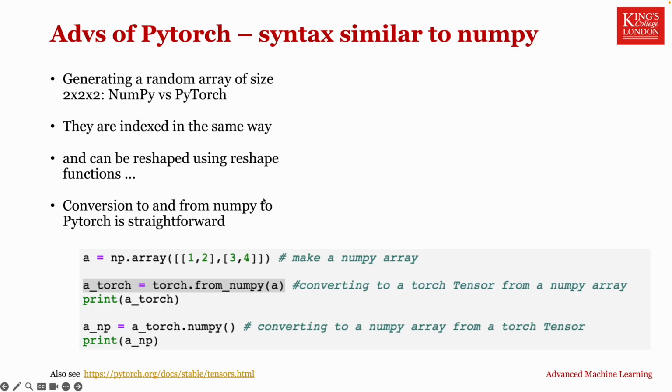So for example here, we define a NumPy array A, and then to convert this to torch, we use the function torch.from_numpy and pass it the array A, and out of that we get a torch tensor that we call A_torch. Then to get back a NumPy array, we can convert back to NumPy just applying the function .numpy on the torch tensor directly. So we've got A_torch.numpy(). And this then converts this torch tensor back to a NumPy array that we call A_np.